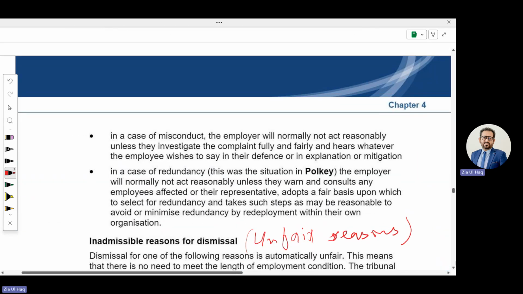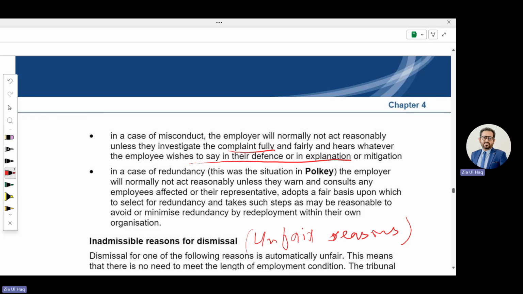In case of misconduct, the employer will normally not act reasonably unless they investigate the complaint fully, having evidence of misconduct, and fairly hear whatever the employee wishes to say in their defense, explanation or mitigation. You should give a chance to the employee to explain his situation.